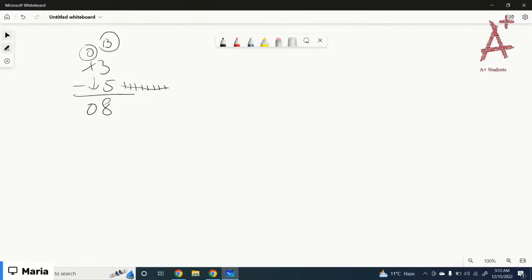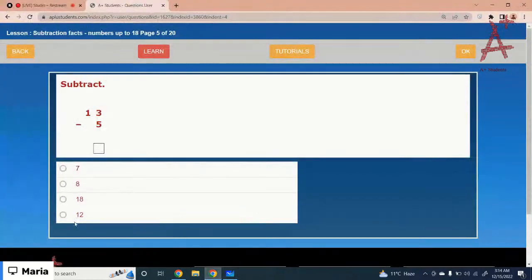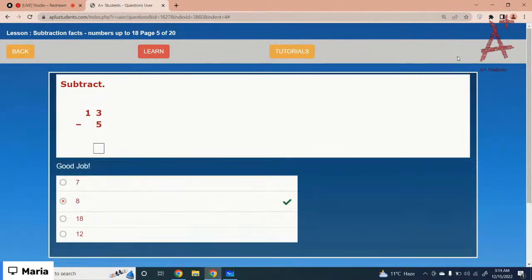So 13 take away 5 equals 8. The correct option is 8. Just select the correct option and click on the OK button.